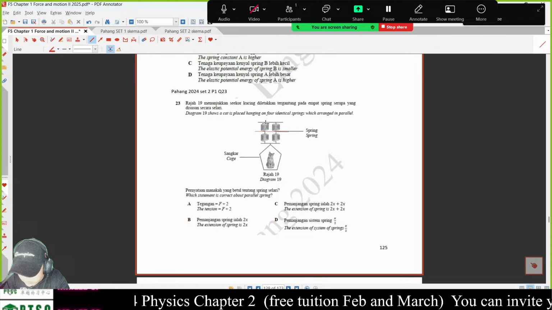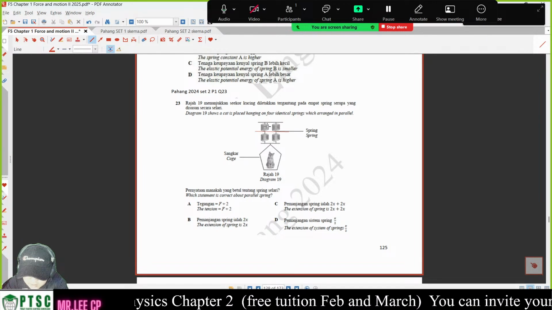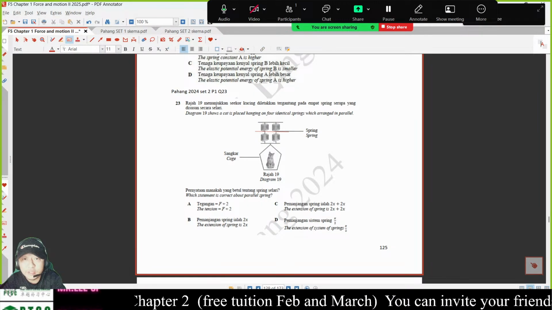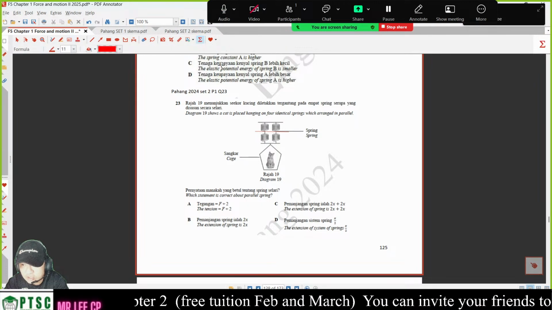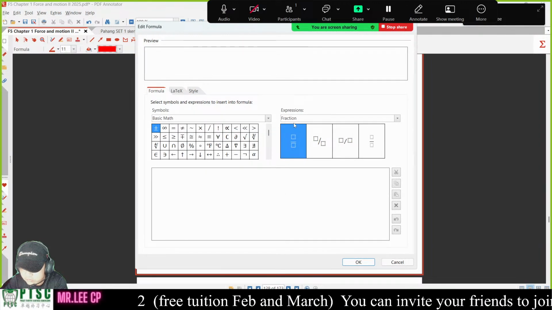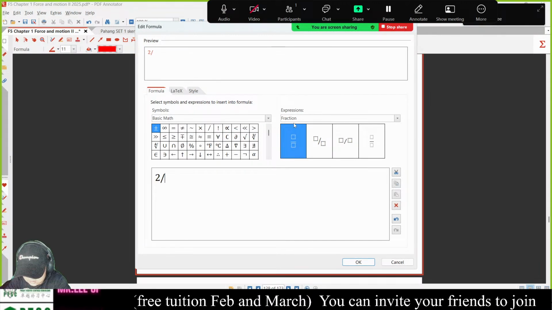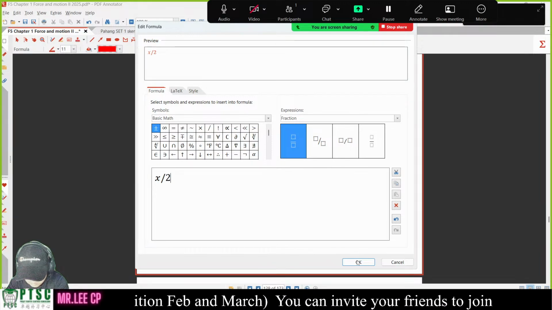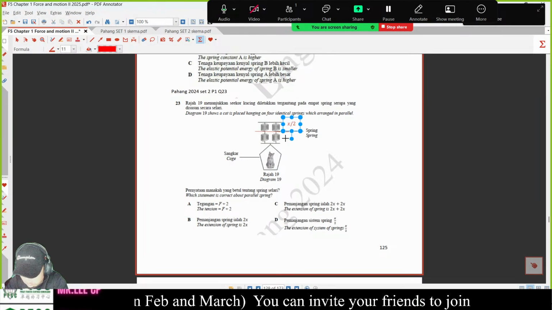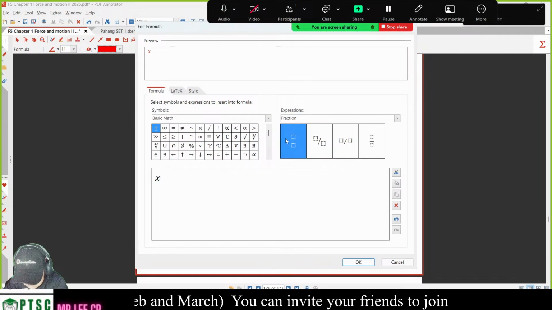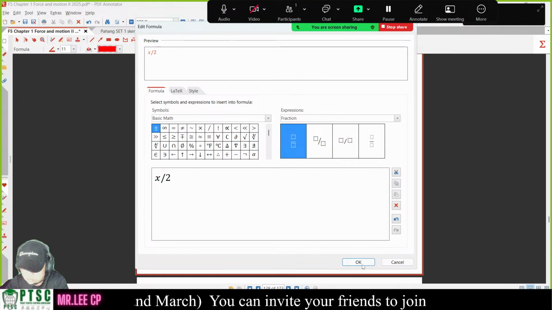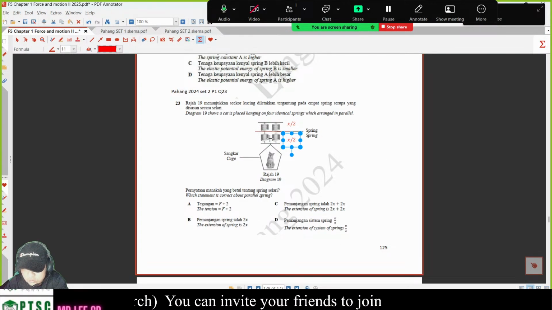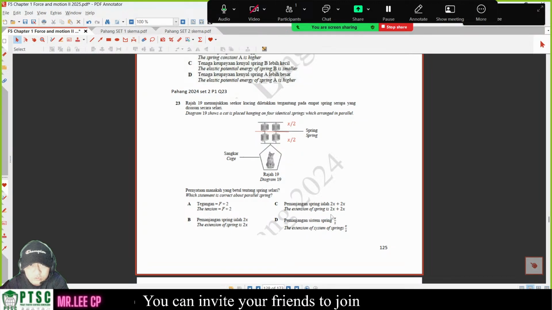Because this one is 2 springs in parallel, so the extension will be lesser. So the extension will be half of the x, x over 2. So here will be another x over 2. Here x over 2, here x over 2. So total extension is 1x.